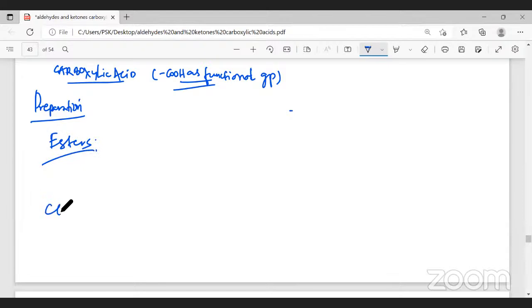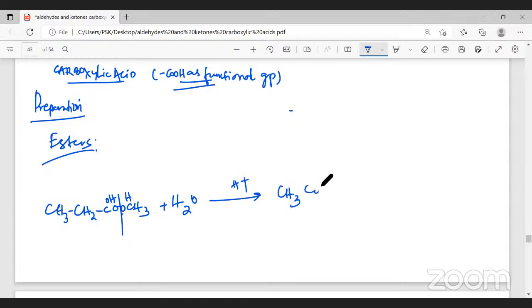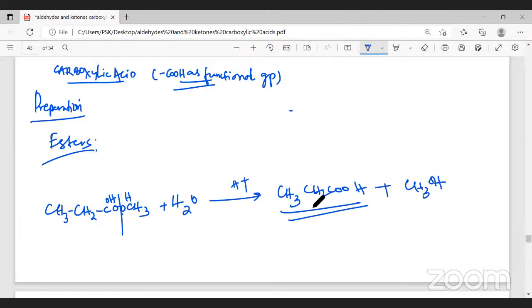Take CH3CH2COOCH3, which is an ester. When you hydrolyze this ester in the presence of an acid, the bond breaks between carbon and oxygen. OH attaches to carbon and hydrogen attaches to oxygen. So you get CH3CH2COOH plus CH3OH. This carboxylic acid is propanoic acid.